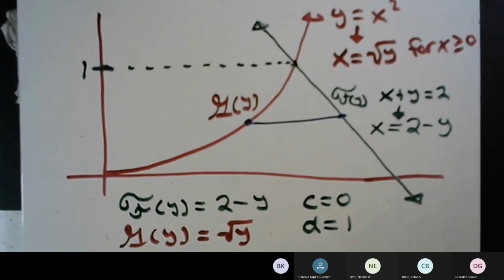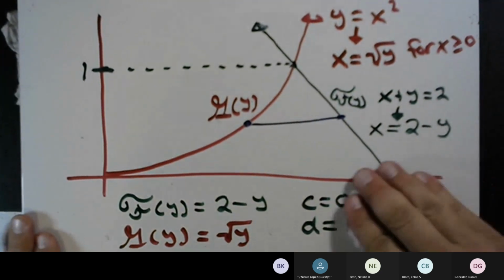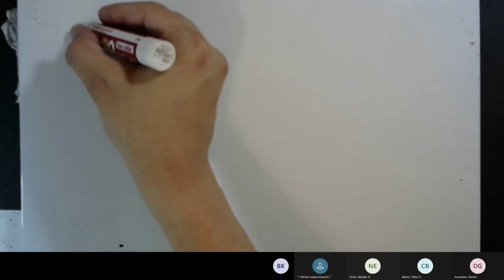So what this is going to tell us then, instead of doing two integrals that we have to add up, and sometimes those two integrals could be very complicated, is get the same area by integrating with respect to y.